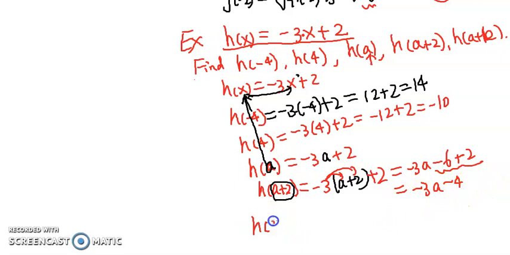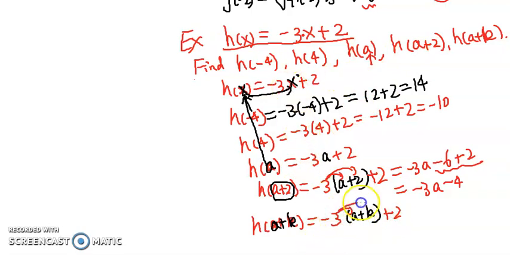Now the very last question. This time the letter x corresponds to A plus K. So when we see the letter x here, we're going to replace that with the A plus K. So whatever is in the parentheses replaces that x. So it replaces this x, which is the same as that x. And now we add that 2 in the function.